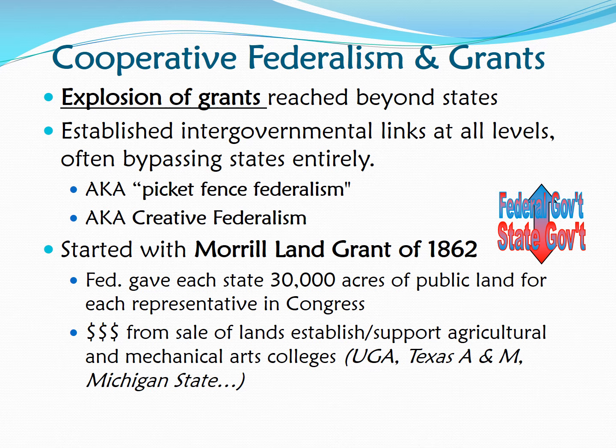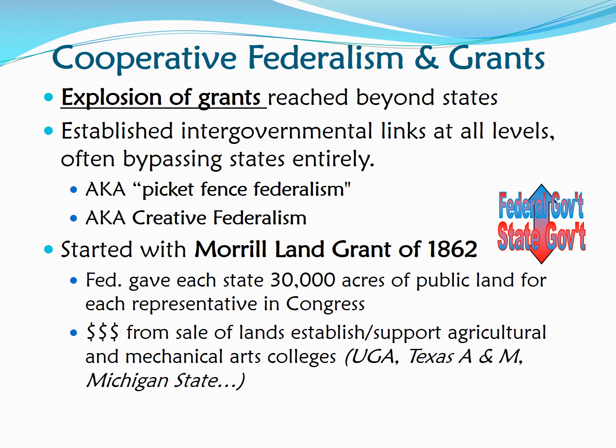Okay, so this is just showing you, again, a few examples of the expansion of federal power by using grants. Using grants and aid, or federal grants of money, is how the national government often gets the states to buy into the goals that the national government is trying to achieve. For instance, the Morrill Land Grant of 1862 offered up federal land to the states if they used the money from the sale of those lands to establish universities.